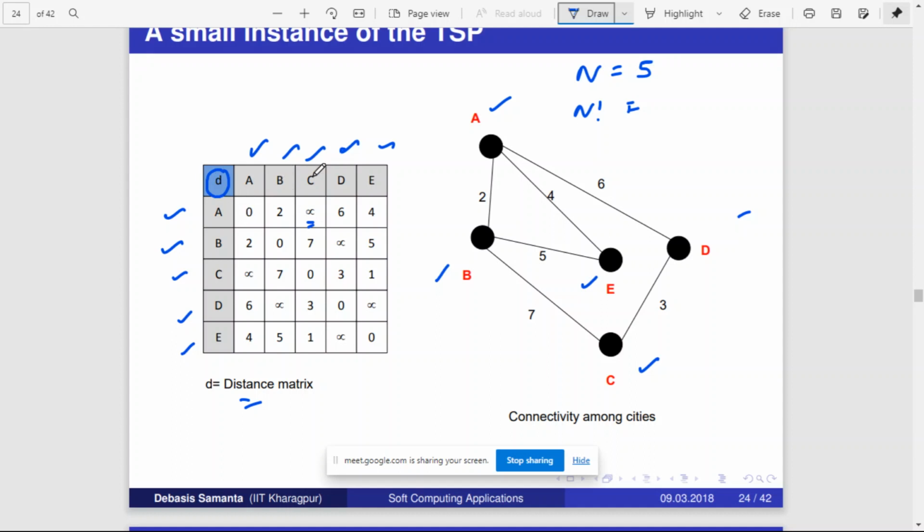A to B, it's 2. A to C, infinity. A to D, what's the cost? A to D, it is 6. Okay, so it is just picked up from this map and written here. A to E, it is 4, right? Like this, the matrix is plotted. Okay, right?